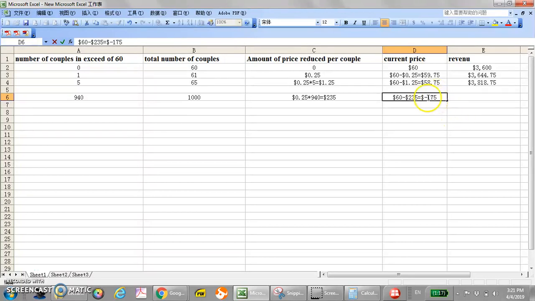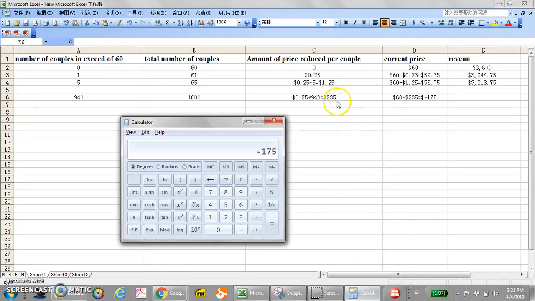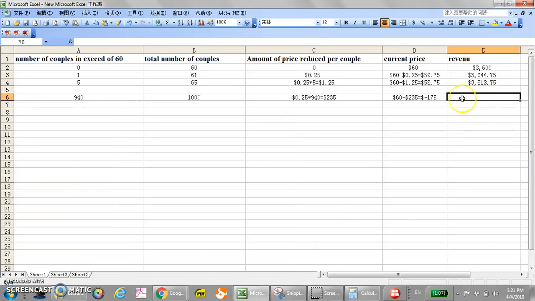So that means for every couple coming to this dinner, the hotel owes that couple 175, and therefore in total the hotel owes this amount of money.